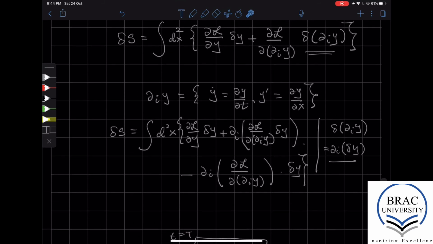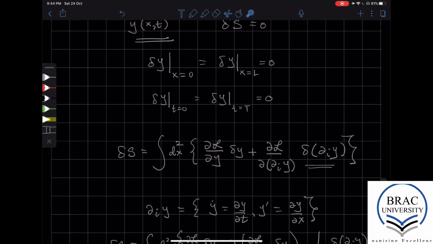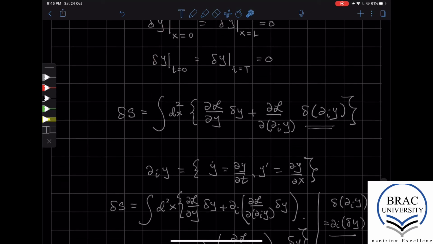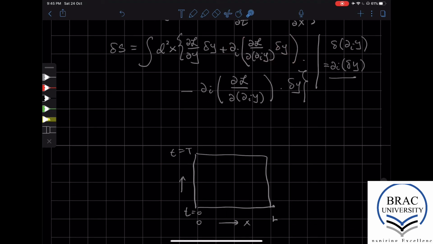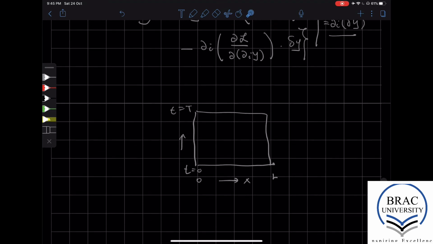But we have chosen the boundary condition over here such that delta y goes to 0. But we see that delta y is in this, so the second term is going to be 0 as a result of our boundary condition.